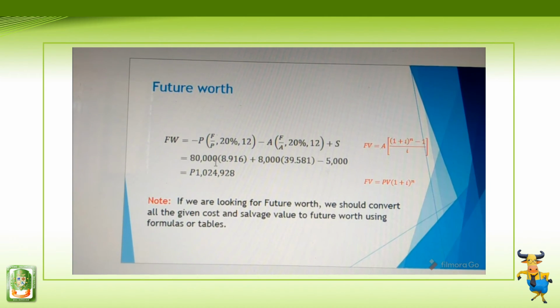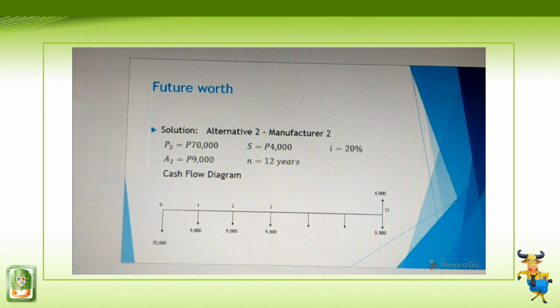Since this is a cost-dominated cash flow diagram, all the costs became positive and the salvage value becomes negative. So the future worth of the first alternative is 1,024,928. Now, let's go to the second alternative.